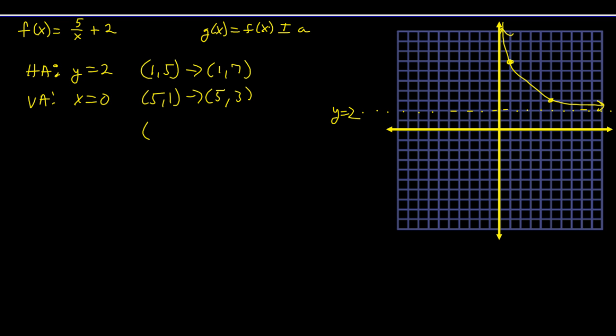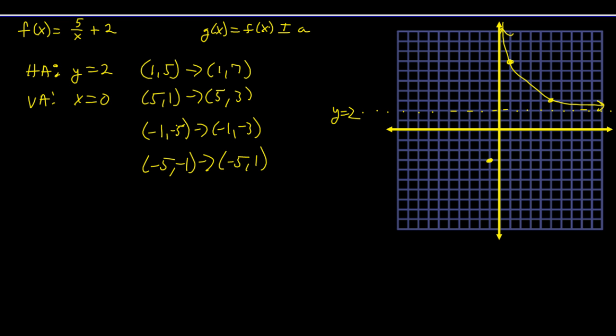For my other side, I'll just use the other points, -1, -5, shifting 2 spaces up becomes -1, -3. So 1 to the left, 1, 2, 3. And my -5, -1, shifting 2 spaces up becomes -5, +1.